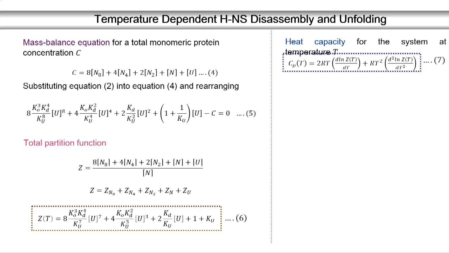Once you have this, you can calculate the heat capacity profile by taking derivatives of this partition function, and hence I can reproduce the experimental heat capacity profile at a semi-quantitative level, not at a perfect quantitative level. This gives you information on what kind of shapes you will obtain, and if you have heat capacity profiles, then you can calculate the fractions of the different species.